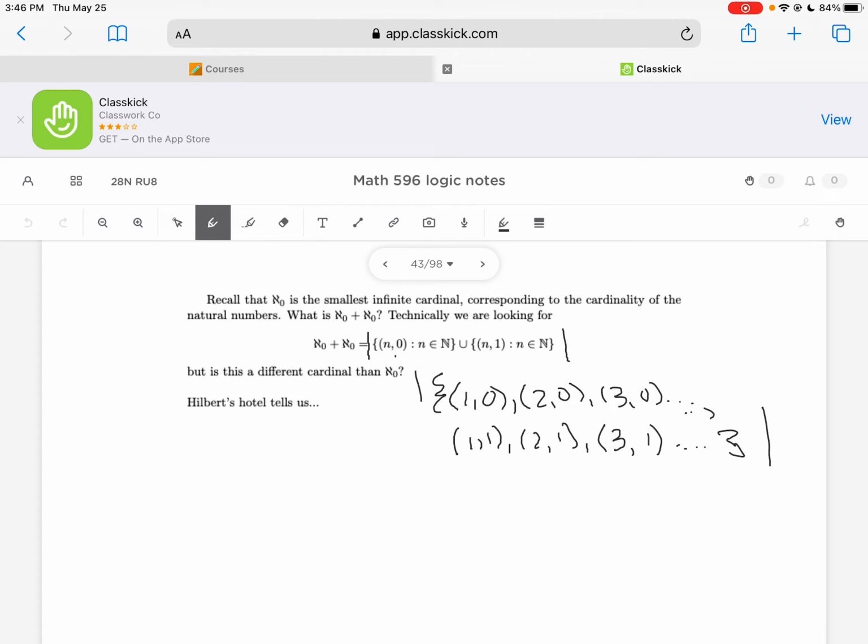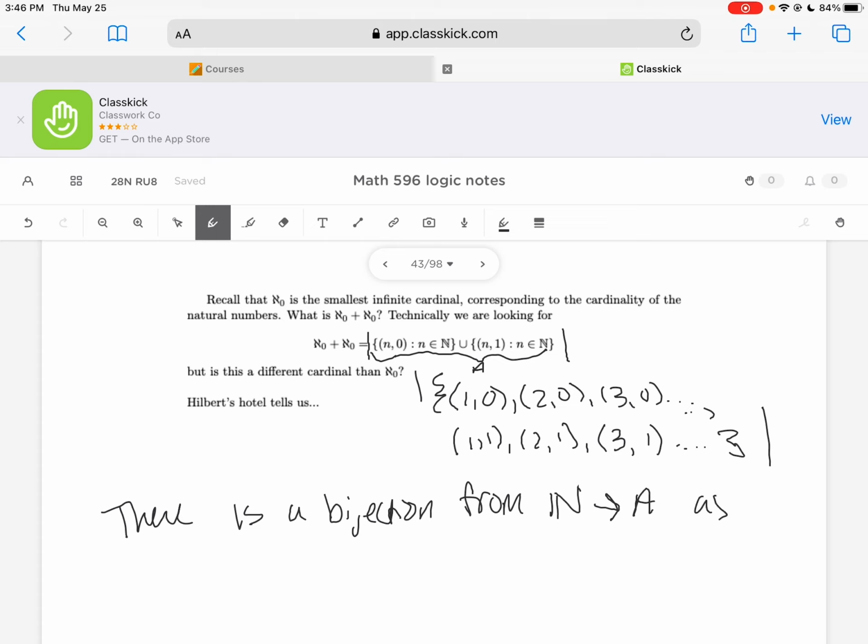by saying there is a bijection from N to that set up above. Just for the sake of ease of notation, let's call that set A, as follows.